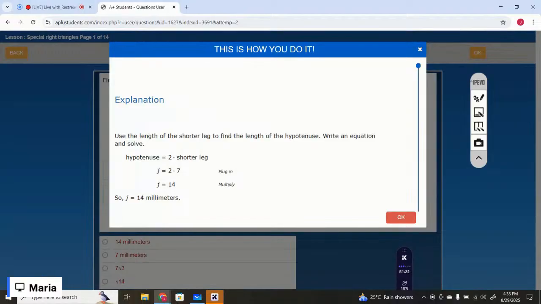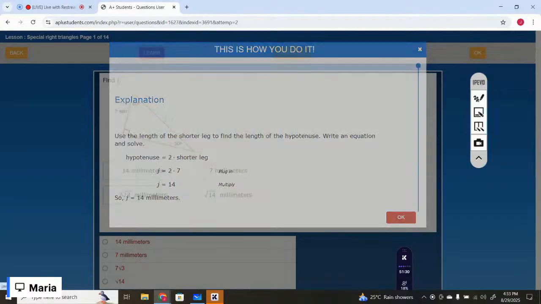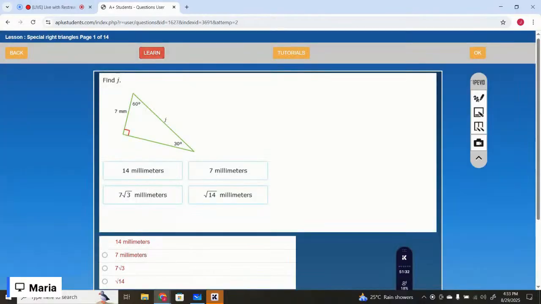That is 2 times 7, which is 14. The hypotenuse equals 2 times the shorter leg. Got it? So that is 14. Option number 1 is the correct option.